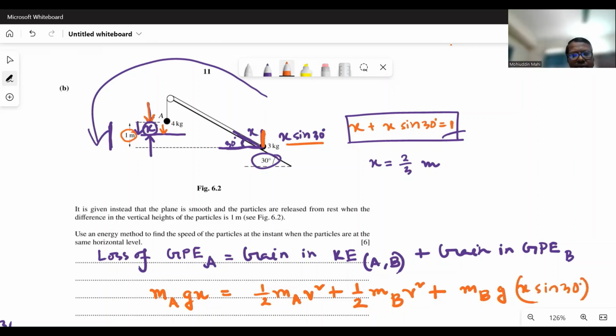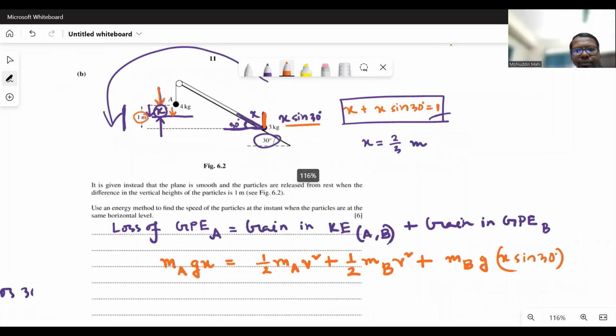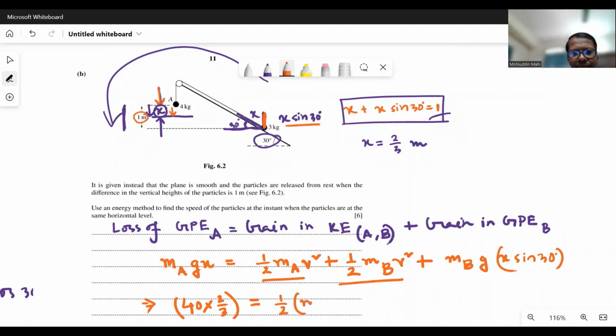Now you know all the values, you just don't know v. If you make v the subject, we'll get our answer. So 40 into 2 by 3. So you can add both of them. (mA plus mB)v squared equals 32 by 3 into sine 30.